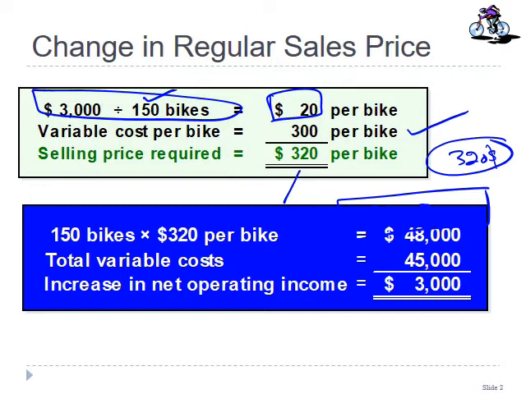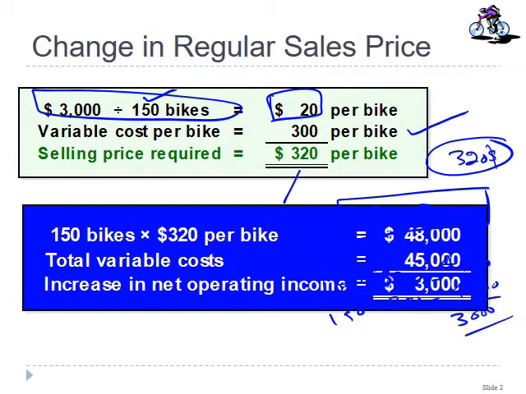If you quote a $320 price per unit and you sell an additional 150 units, the sales will go up by 48,000, right? How? 150 multiplied by 320, and our variable cost is 300, so 48,000, and this is 45,000.